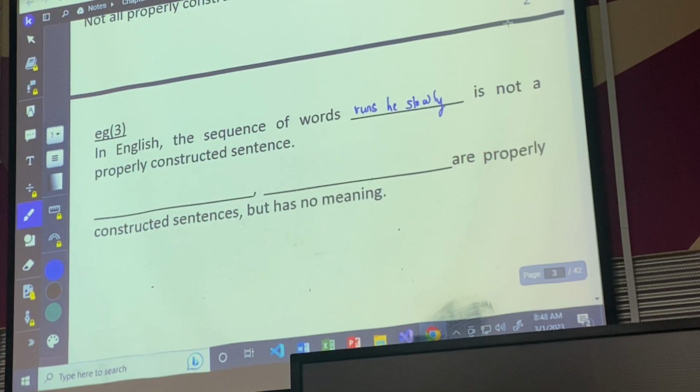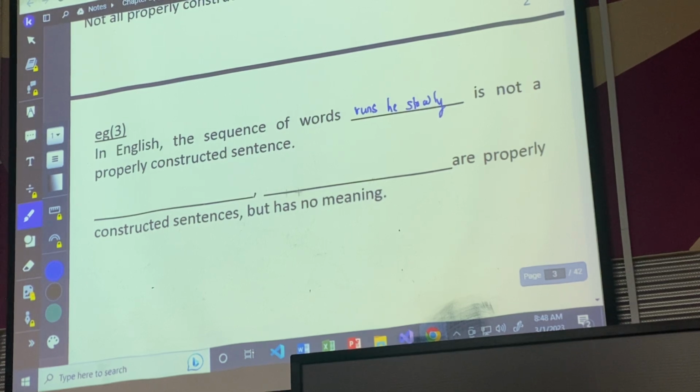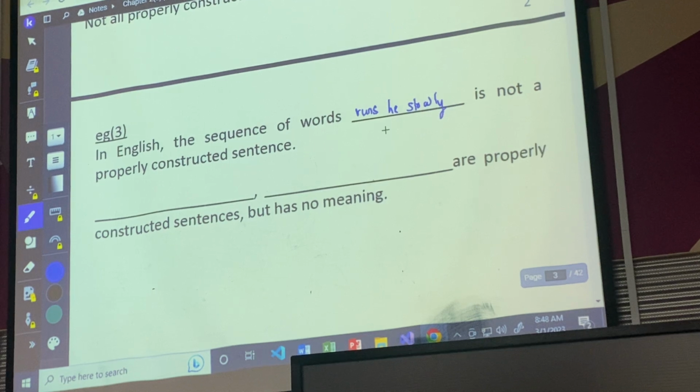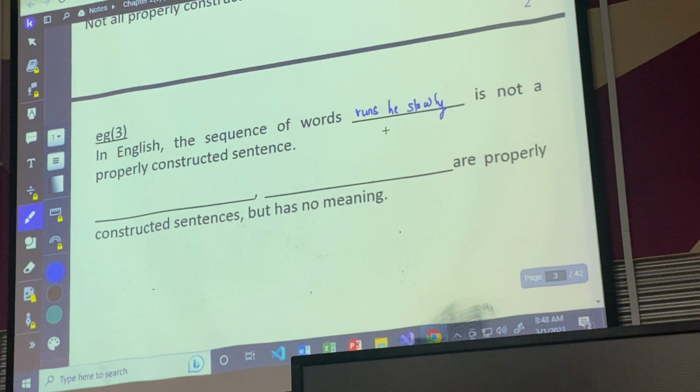And what else? We can have a properly constructed sentence but with no meaning. Any example of a sentence like this one? The grammar is correct but there is no meaning.